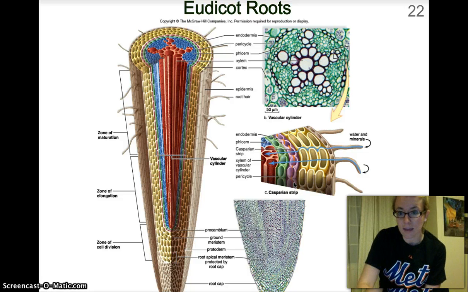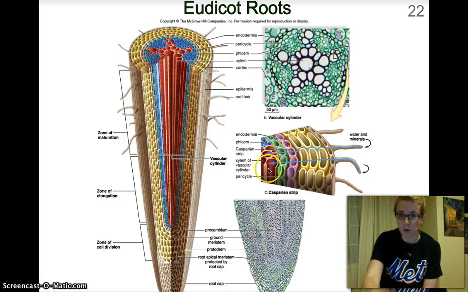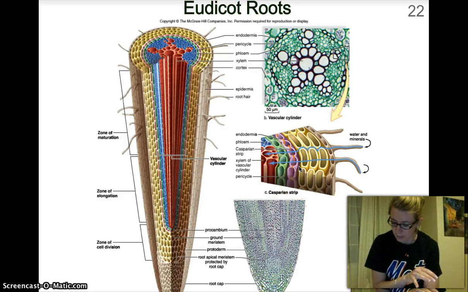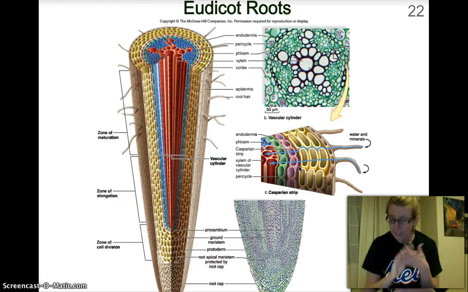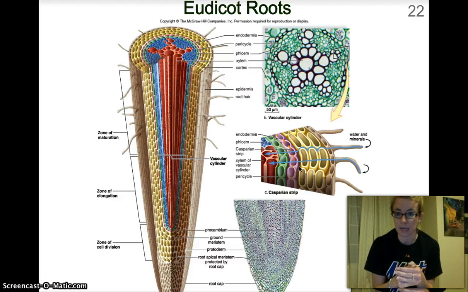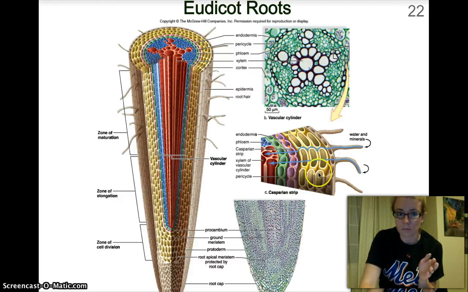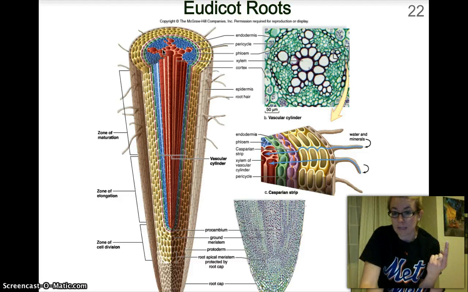So if anything is going to move inside the vascular tissue, it has to go inside the cells of the endodermis. And what this does is it protects the plant. Out here, water's moving around, going between cells, whatever. In here, we only want good things entering the vascular tissue of the root, because this is going to be pumped to the rest of the plant.